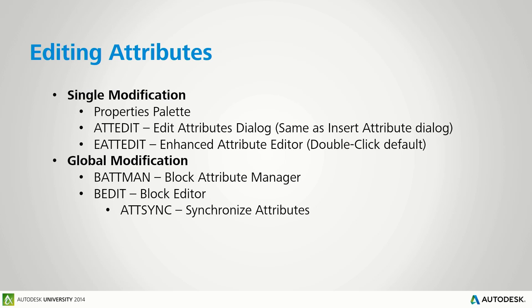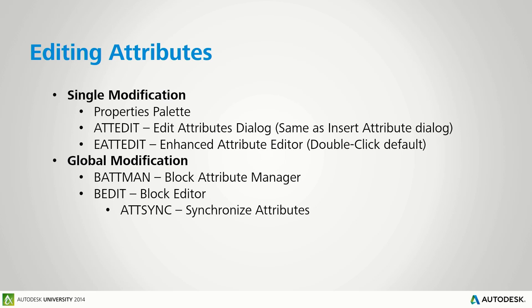Of course, anything we do in AutoCAD, anything we create, at one time or another we need to modify. For the most part, we can use things like the property palette to quickly modify the value of my block attribute. We also have a tool called EATTEDIT, or edit attributes. When you see it in a moment, it's going to look exactly like the insert attribute dialog box when I first insert an attribute.